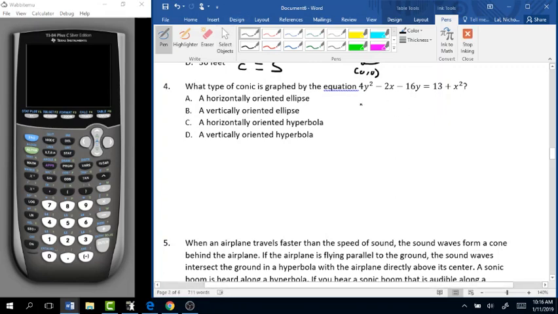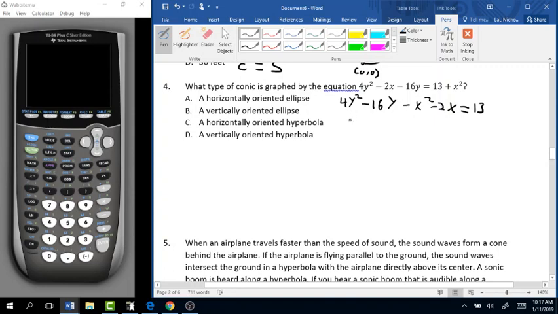This question is going to be 4y squared. I'm going to isolate it into 4y squared minus 16y minus x squared minus 2x equals 13.